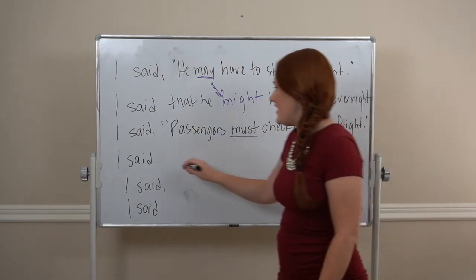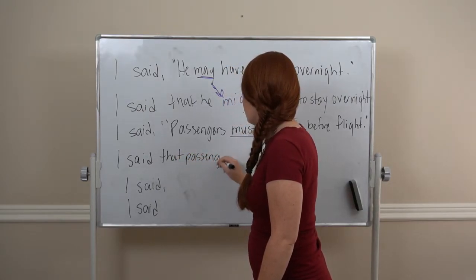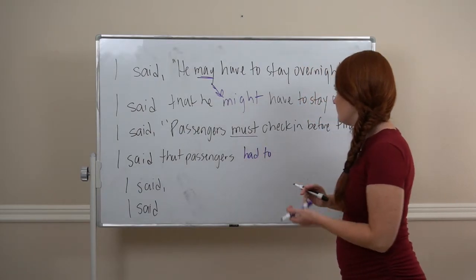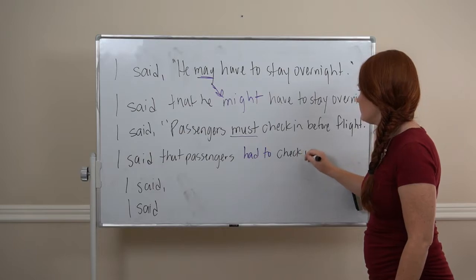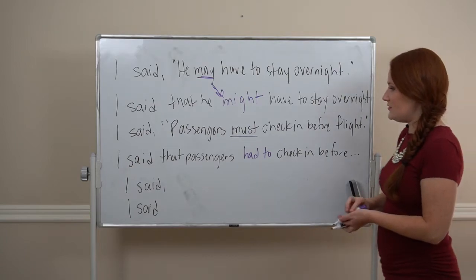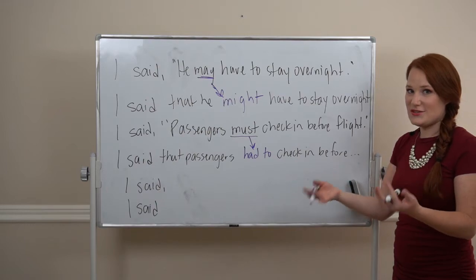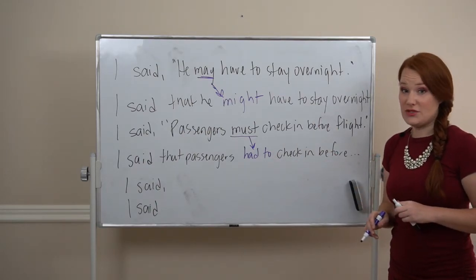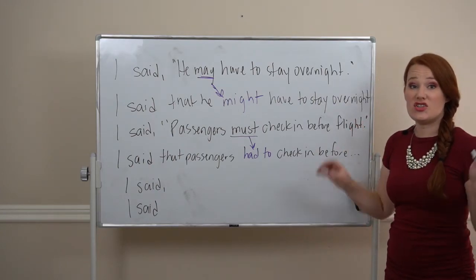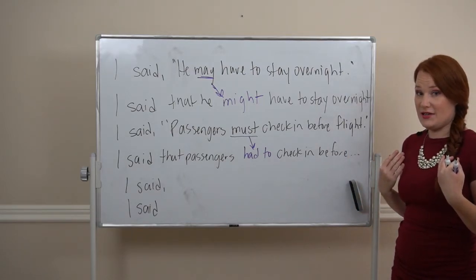We're going to have to use had to. Passengers had to check in before their flight. So must, it doesn't have a past tense form, so we have to change it to have to and then past had to. Okay, so you have to change the verbs with reported speech. Go one tense back in time.